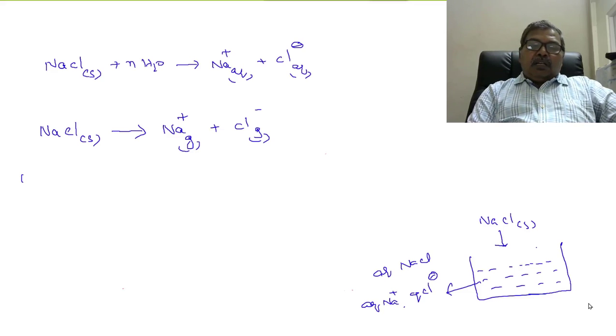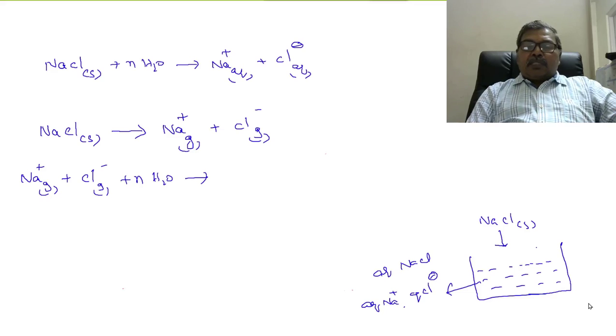Now, in aqueous solution, Na plus ion is surrounded by water molecules, and same Cl minus ions also surrounded by water molecules, n moles of water. Now, it gives rise to Na plus gaseous ion surrounded by water molecules.